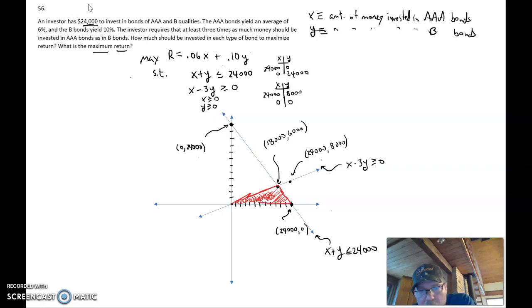This triangle. So all I have to do is check the corner points. I check 18,000, 6,000, this point right here. And I check this point right here, 24,000, 0. So that's what I'm going to do.